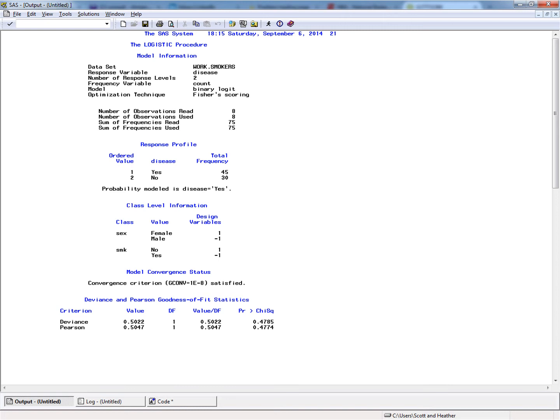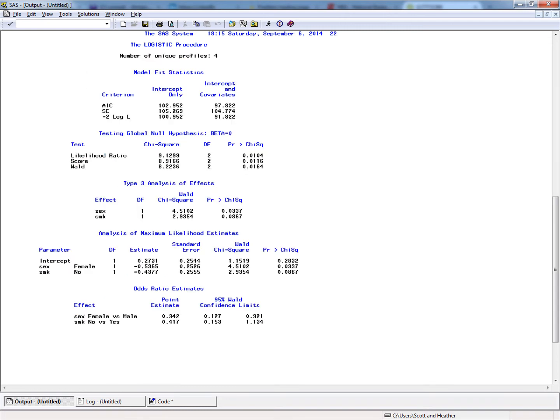And so here's our output, right? There's our goodness of fit test, which we just learned. Looks the same, of course. There's a look up top, probability modeled is disease equals yes, right? Always check that you're in fact modeling what it is you intend to be modeling. Here's the rest of our output.